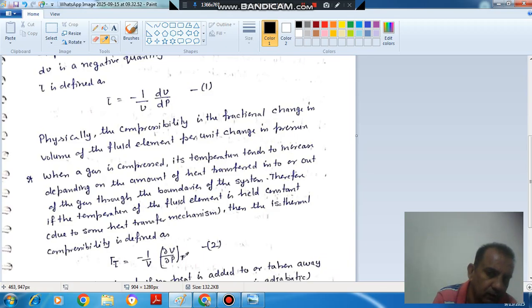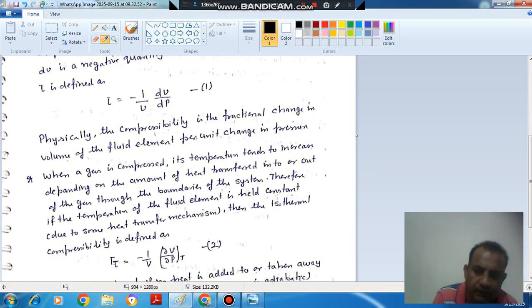Because now one thing is constant, that is T, we use curly derivatives. Here, when the temperature is constant, we are allowing heat to transfer so that constant temperature can be maintained in the fluid. That's why the term isothermal compressibility is used.